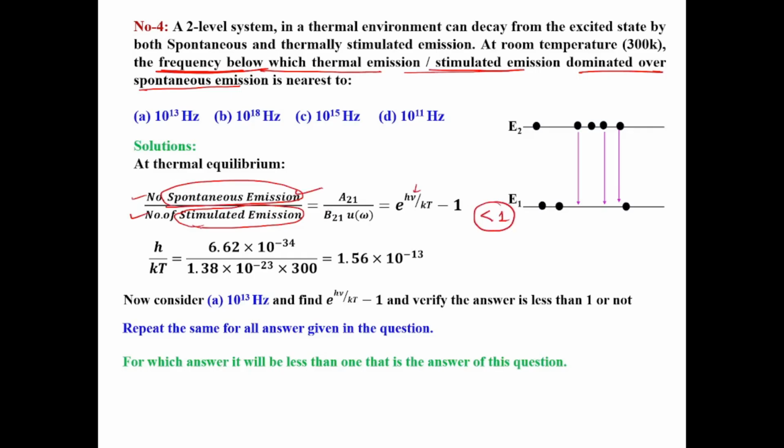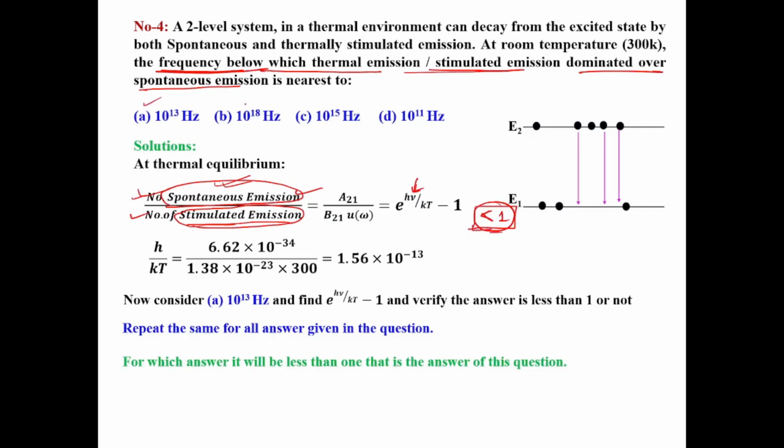See, if stimulated emission dominates over spontaneous, that means the stimulated emission value will be more than the spontaneous emission, so obviously this ratio will be less than 1. So we have to find out for which frequency this ratio will be less than 1.